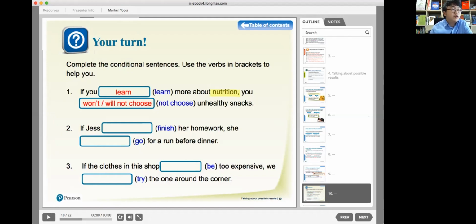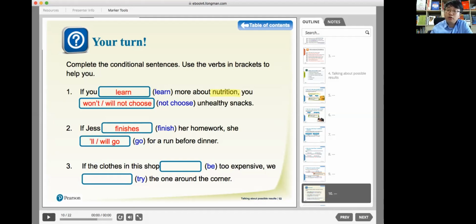Second, if Jess, simple present tense, finish or finishes. Subject-verb agreement, remember. Third person singular. We have to add es to the verb. It's possible that she will go for a run before dinner.